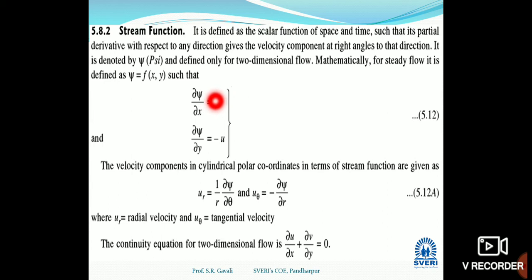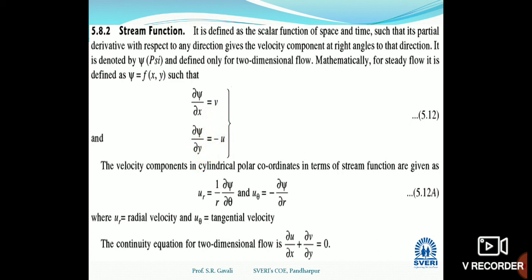So it is a two-dimensional function. It is denoted by the letter psi, and to get the velocity in the x direction we have to differentiate psi with respect to y.